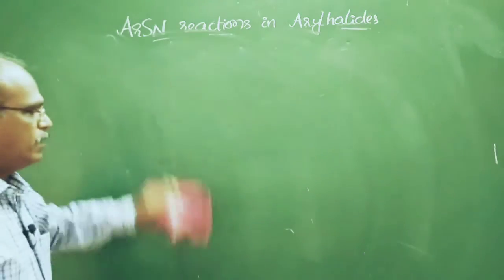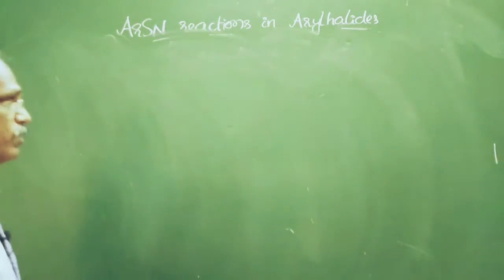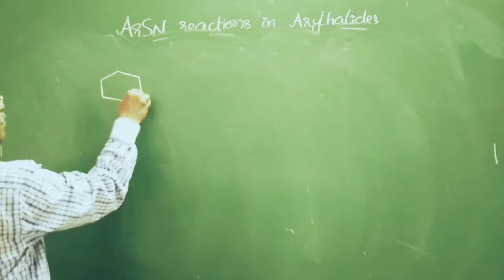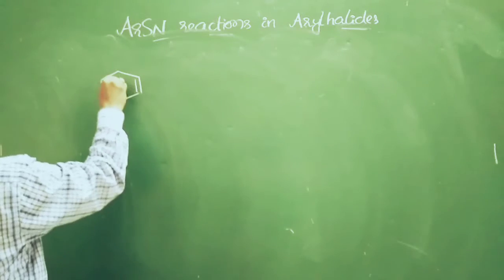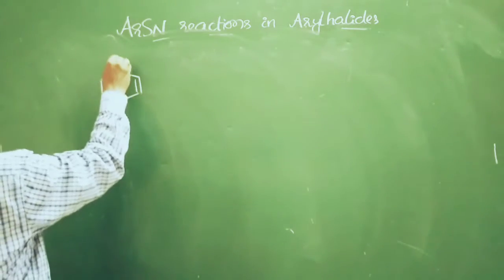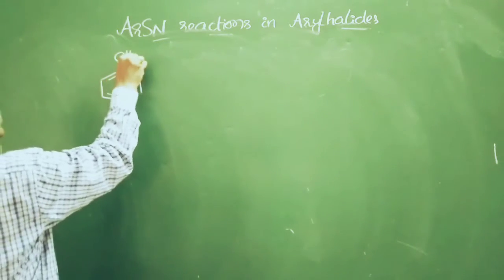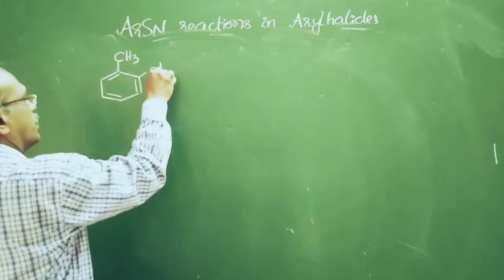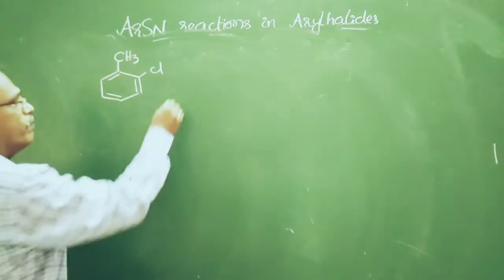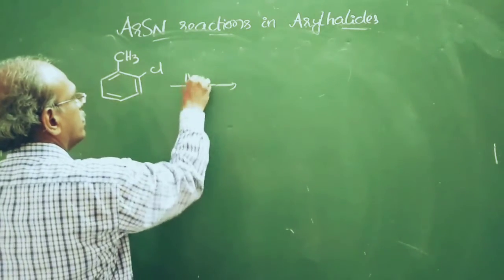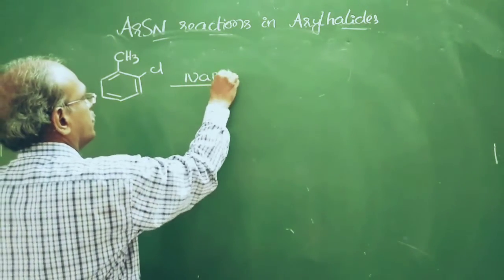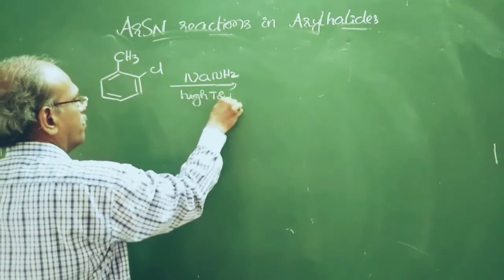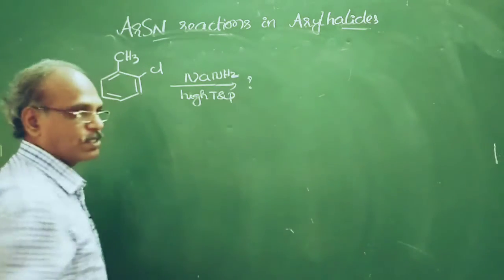Next, if an electron donating group is present, say for example CH3 and Cl in the ortho position, with NaNH2 at high temperature and pressure, what is the product?